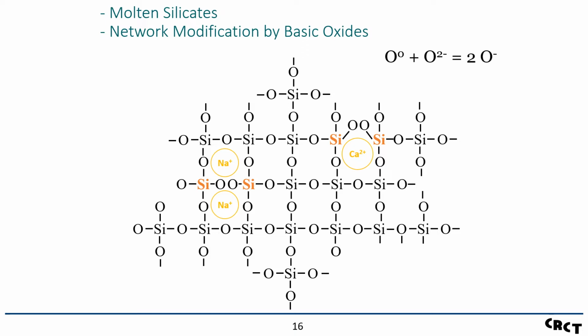If you had sodium oxide, Na2O, two sodium ions donate an oxygen ion, and this breaks another bridge. Now this is clearly a very complex solution.